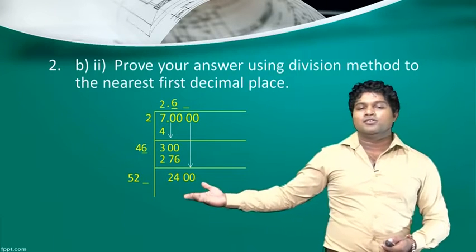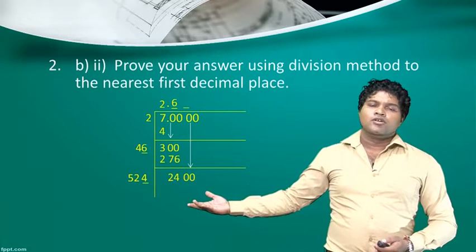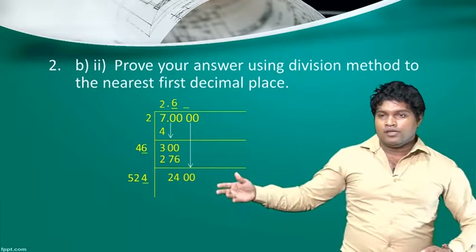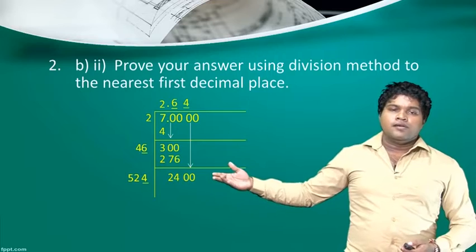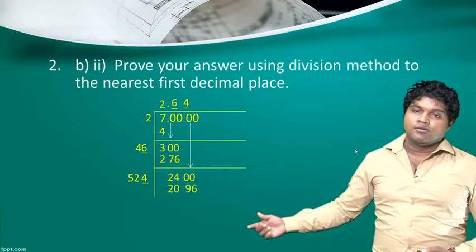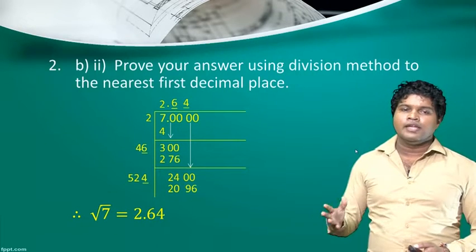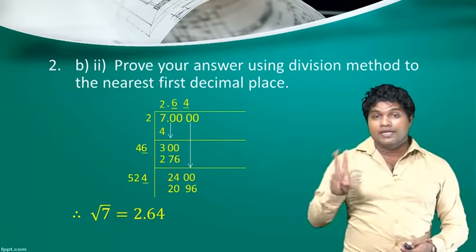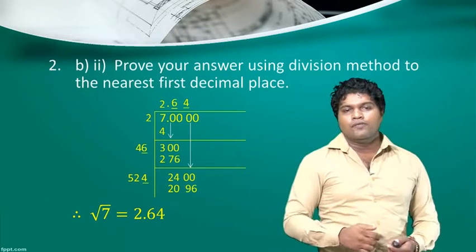And what is the most suitable number for 2400? 4, because 500 times 4 is 2000. If I take 500 times 5, it is not enough, we exceed the value. Therefore, it is 524 times 4, which is 2096. Right. Then root 7 is 2.64 to the second decimal place, but we have to limit the answer to the first decimal place.